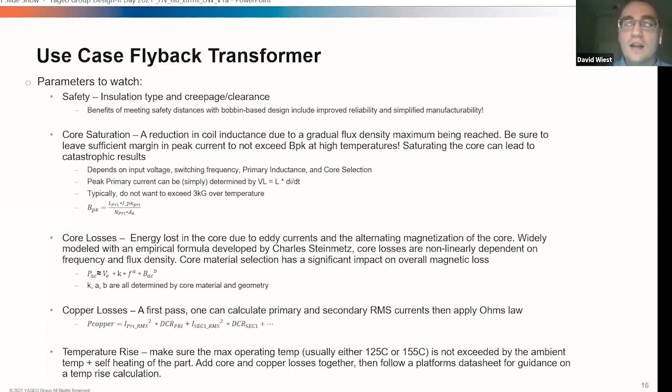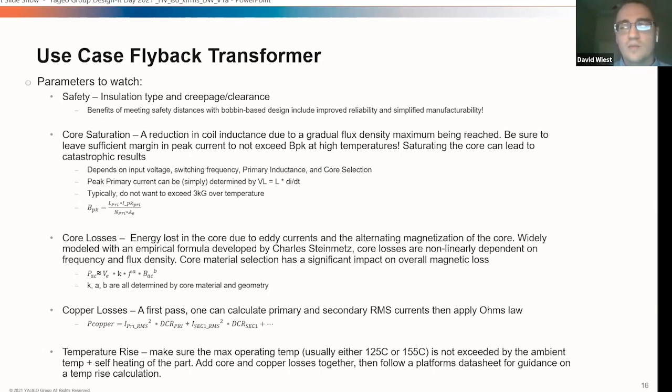Saturation: because the windings don't conduct at the same time and energy is stored in the core, rather than looking at the volt seconds, it is important to consider the peak current running through the primary winding in the transformer. So it's a slightly different calculation to get there, but the rules are still very much the same, where you don't want to exceed 3,000 Gauss in order to saturate your transformer.